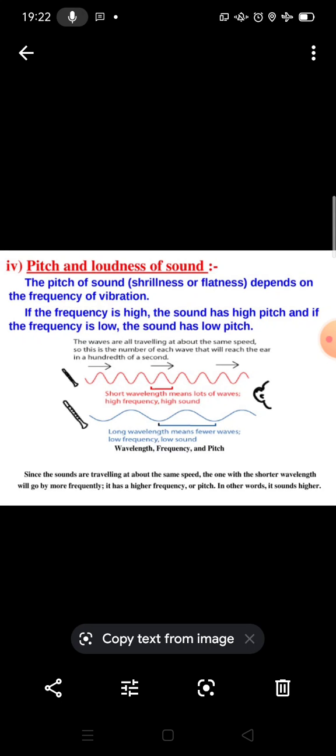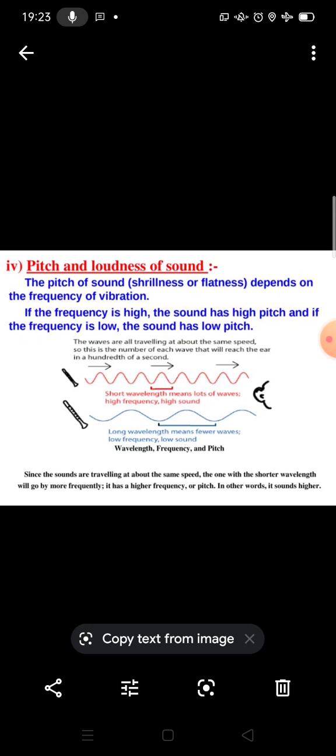If you strike the guitar string lightly, we produce a sound, and if the same guitar string is struck with a great amplitude, the loudness of the sound heard increases. So these are related with each other. And the pitch depends on the frequency of the vibration. If the frequency is high, the sound has high pitch.